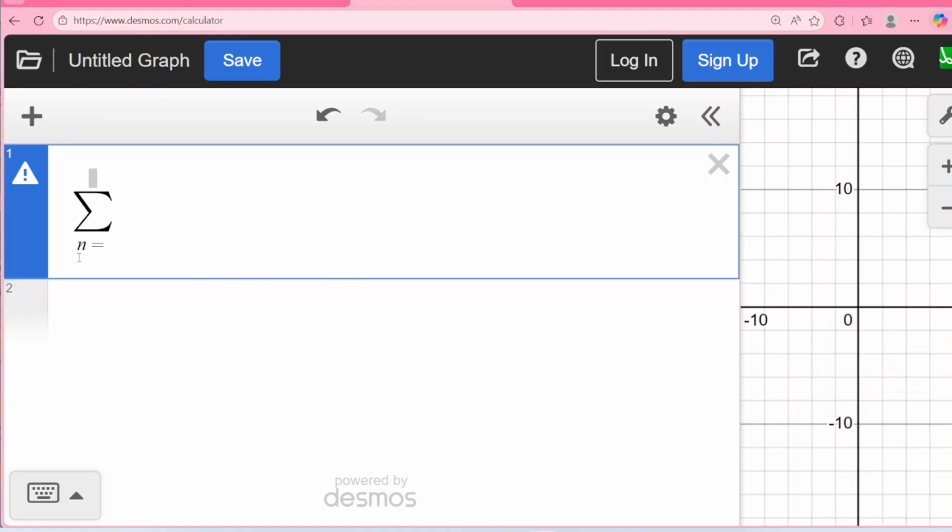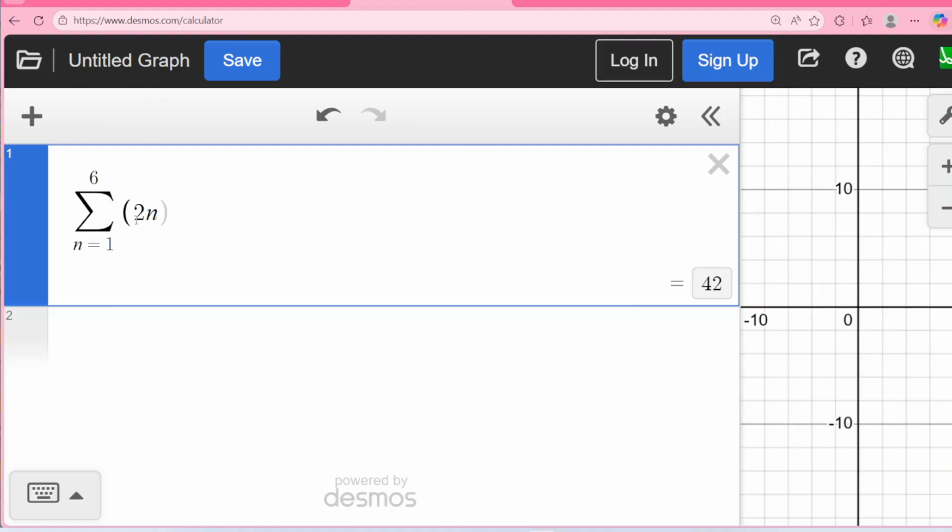Now their index variable is n. So careful with that, right? The expression I put after it should depend on n, have the letter n involved. So change k to n in the problem we had. So I'm going from n equals 1 to 6 of, and then the expression was 2k squared minus 3k minus 2.